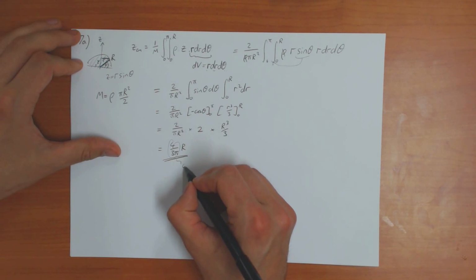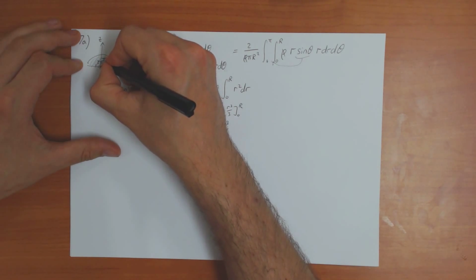This turns out to be about 0.4, so it's about 0.4 of the way up the shape.